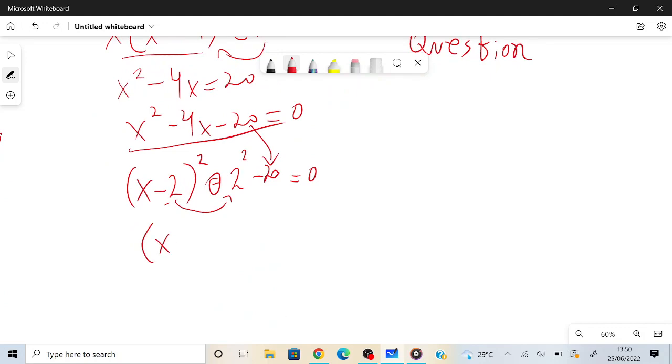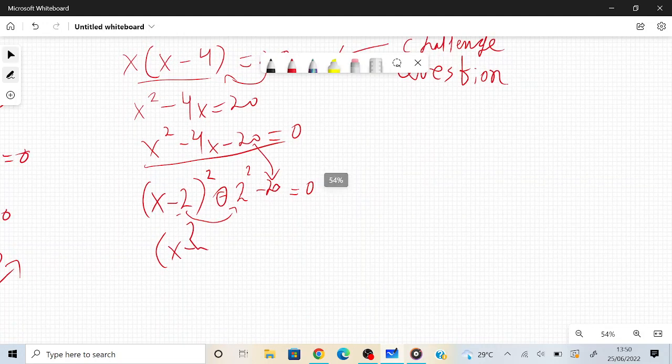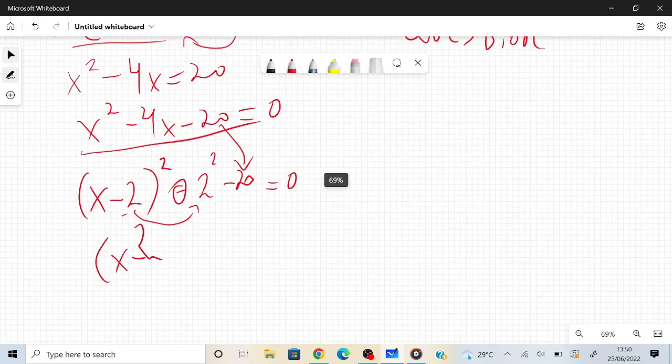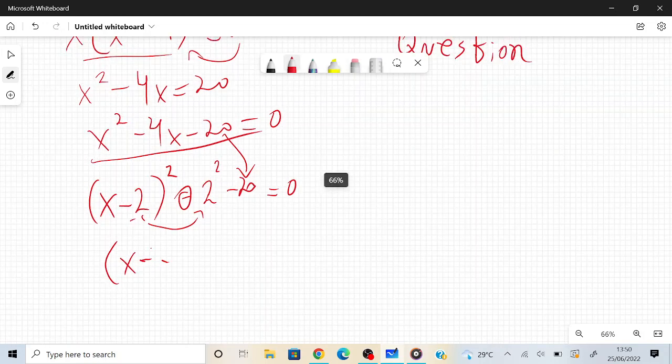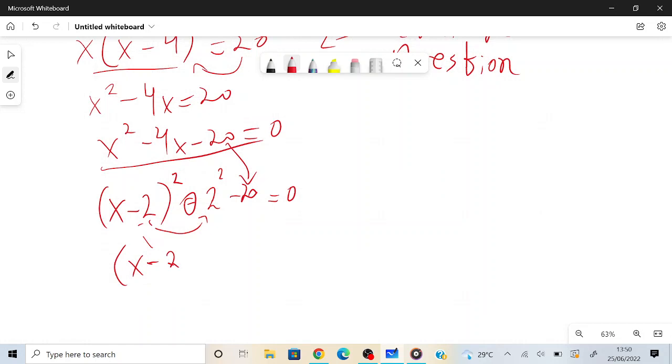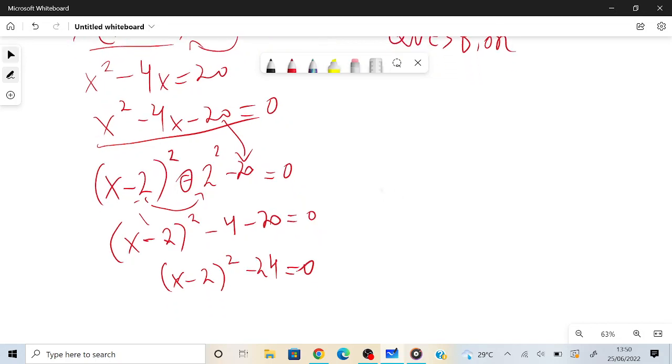Going on, this becomes x minus 2 squared minus 4 minus 20 equals 0. This becomes x minus 2 squared minus 24 equals 0, because minus 4 minus 20 is minus 24.